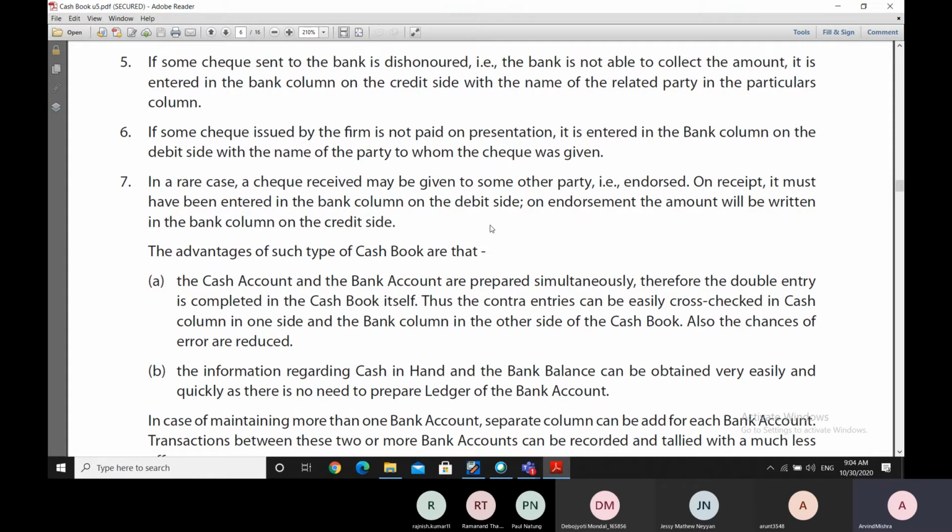Another advantage is that the information regarding how much cash is in hand or how much bank balance is there can also be obtained very easily from the same cash book having two columns, one for cash and one for the bank. And even without preparing the ledger of the bank account, we can easily and quickly get the information about the cash in hand and the balance in the bank.